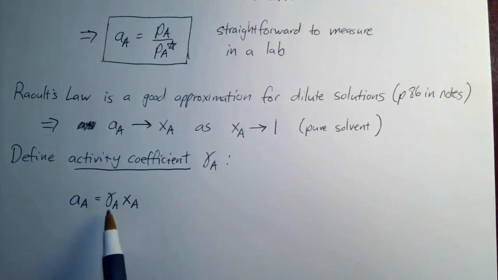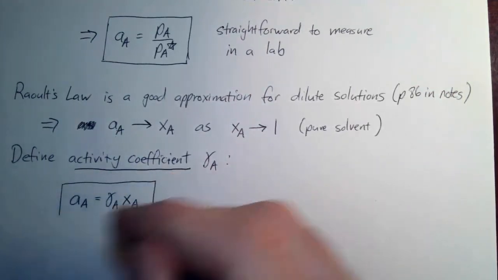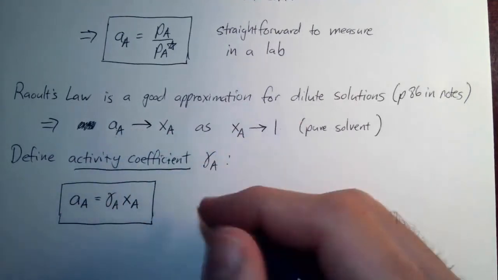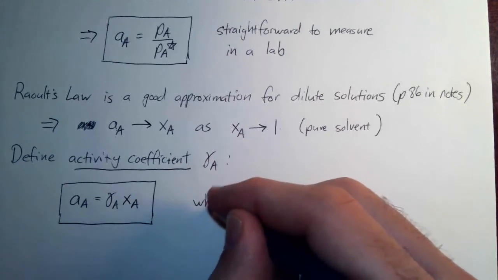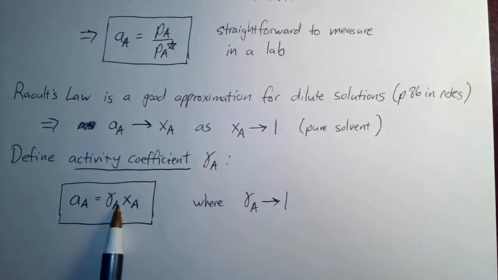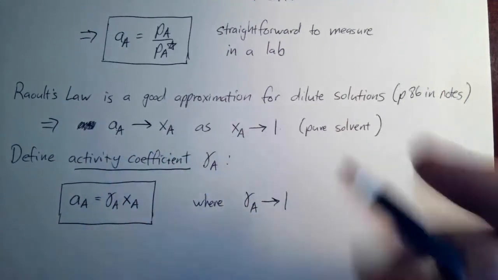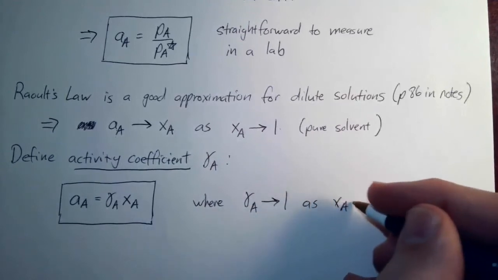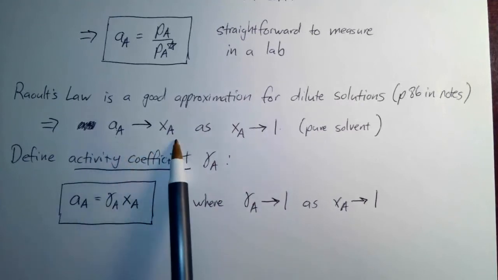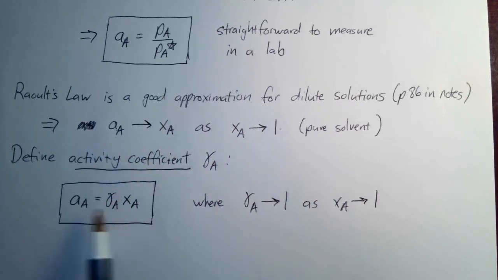Using this, if we want this behavior up here, it must be true that the activity coefficient has to approach 1 as XA approaches 1, because as XA approaches 1, we expect A to approach X, and therefore gamma becomes 1 if A is equal to X. So gamma A has to approach 1 as the mole fraction approaches 1.